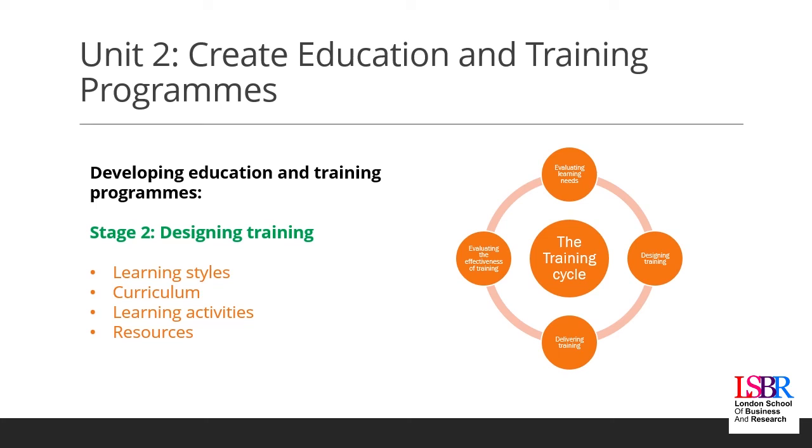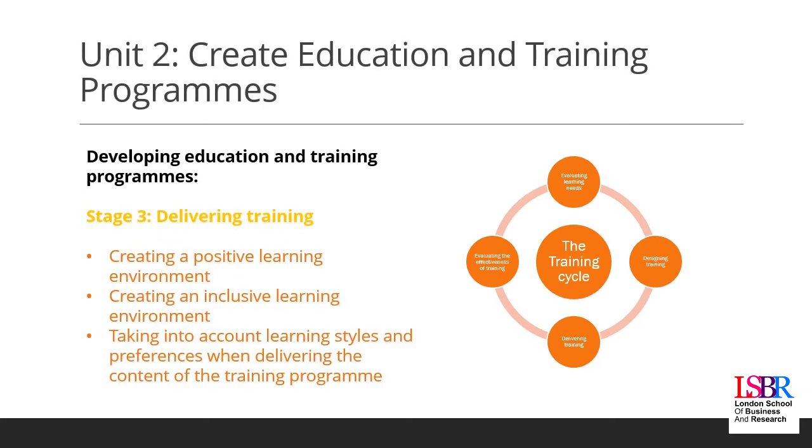Now, the third stage is all about delivering the training. Here we are going to be talking about creating a positive learning environment and also creating an inclusive learning environment. We are going to talk about diversity and inclusion as key concepts that we should be mindful of when we are engaging the learners, the verbiage that we use, even the activities that we have selected to support us in delivering the training.